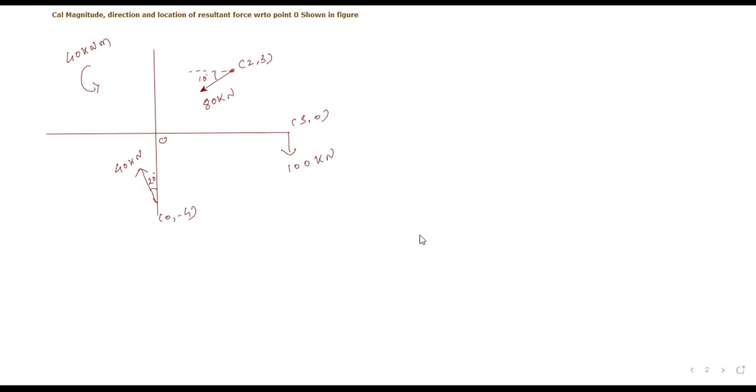Same procedure we have to follow. First of all, we will resolve all the forces in x and y direction. Yes or no?